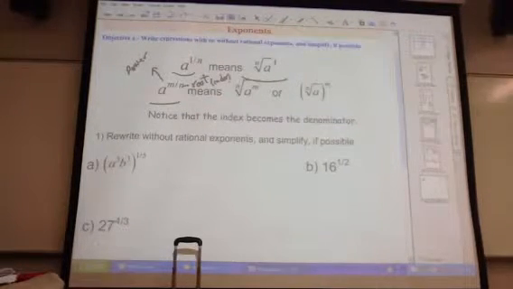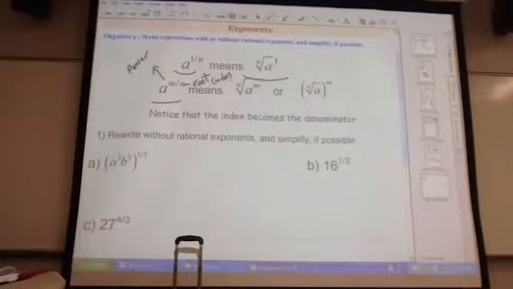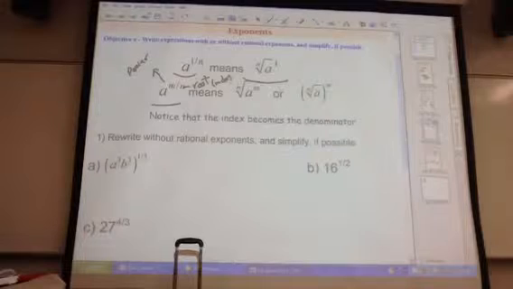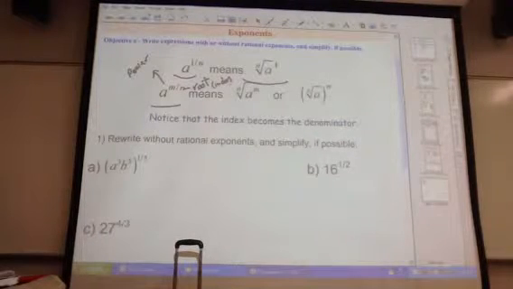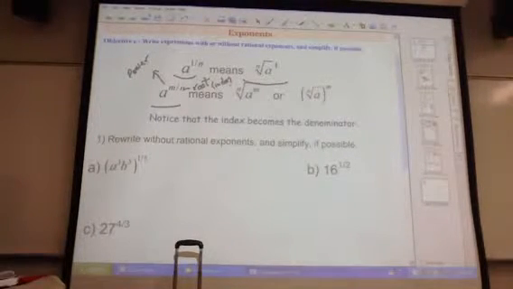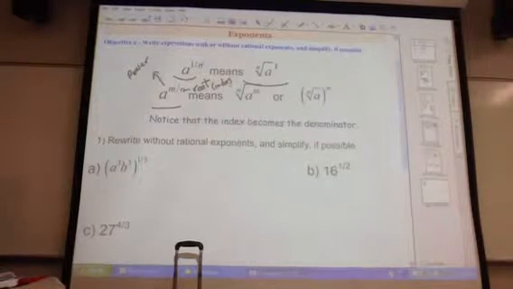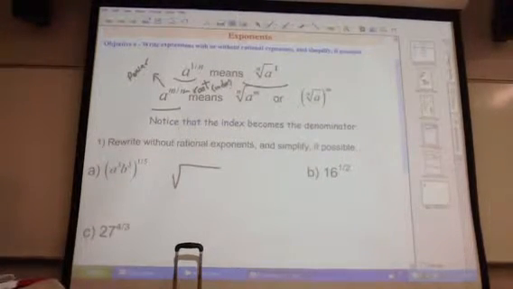Okay? Look at this one. I want to rewrite without rational exponent and simplify if it's possible. Okay? So what I'm going to do, this is the exponent. The 5 is going to tell me what root you're taking. From what? From these pieces. Correct? So I'm going to have a big radical for that.